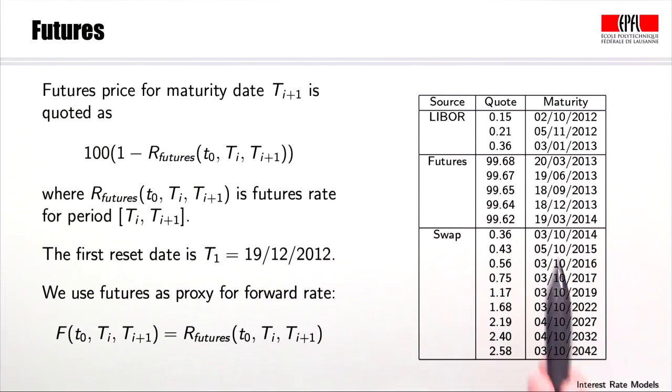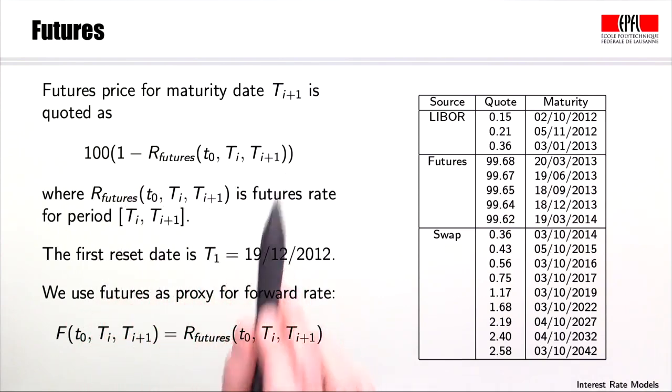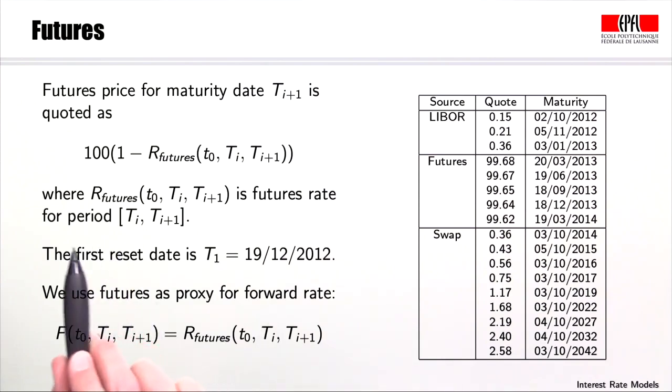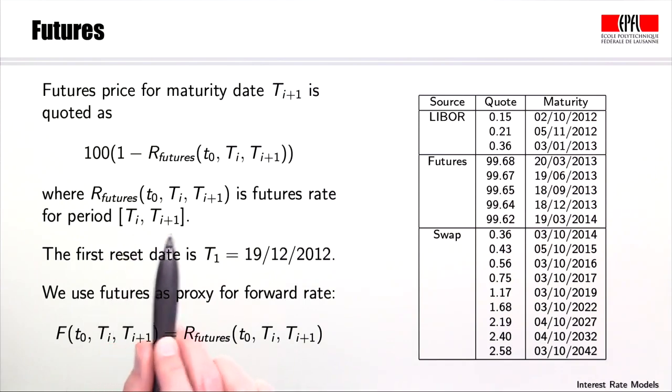The next block contains quotes on futures prices. Recall that the futures price for a maturity date T_{i+1} is quoted as 100 times 1 minus the futures rate, which is the futures rate for the period with reset date T_i and maturity date T_{i+1}.